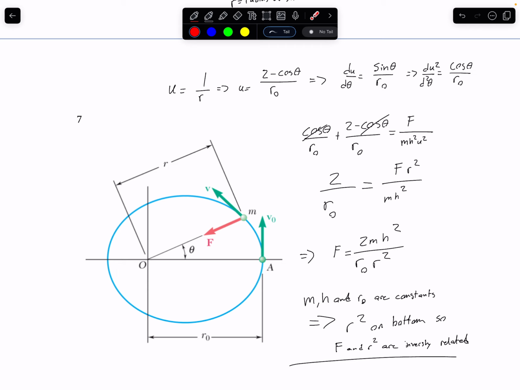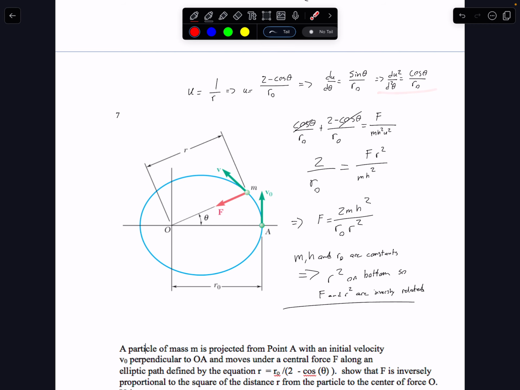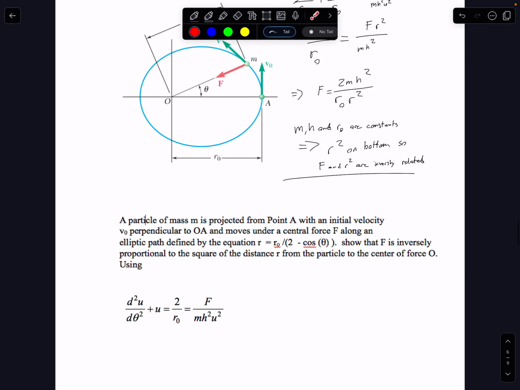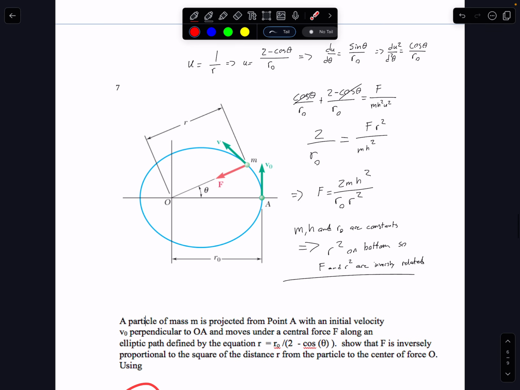So we take the derivative of u with respect to theta, and we get sine of theta over r0, and then take the second derivative, and we get cosine theta over r0. And so if we plug these into this left-hand side here, the cosine thetas cancel, and we get 2 over r0 is equal to the force over the mass times angular momentum squared times u squared, which is 1 over r.